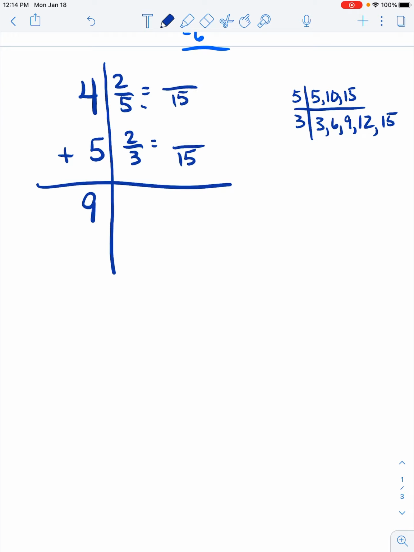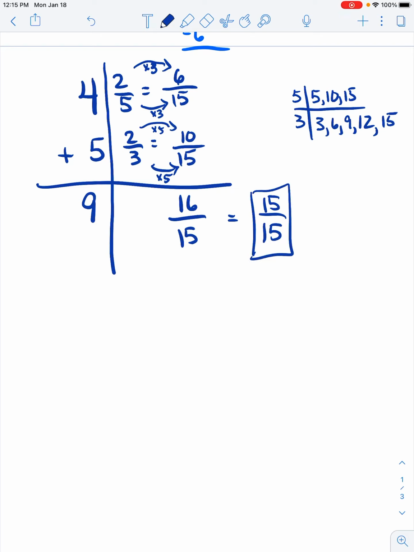Okay. 5 times 3 is 15, and 2 times 3 is 6. 3 times 5 is 15. 2 times 5 is 10. And so when I add the fraction portion of this problem, I'm adding 6/15 plus 10/15, and I get 16/15. That equals 15/15, which is 1 whole, plus 1/15.